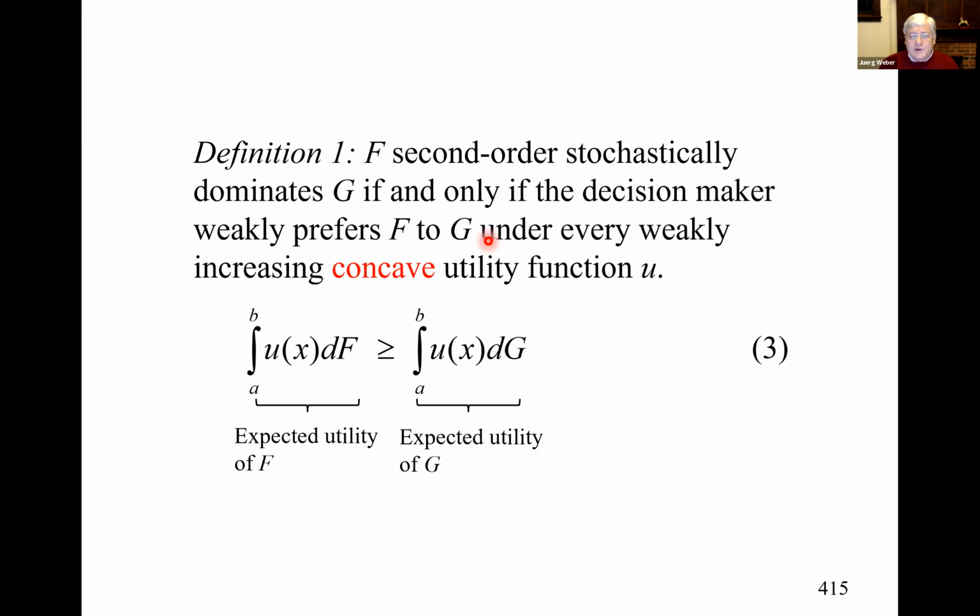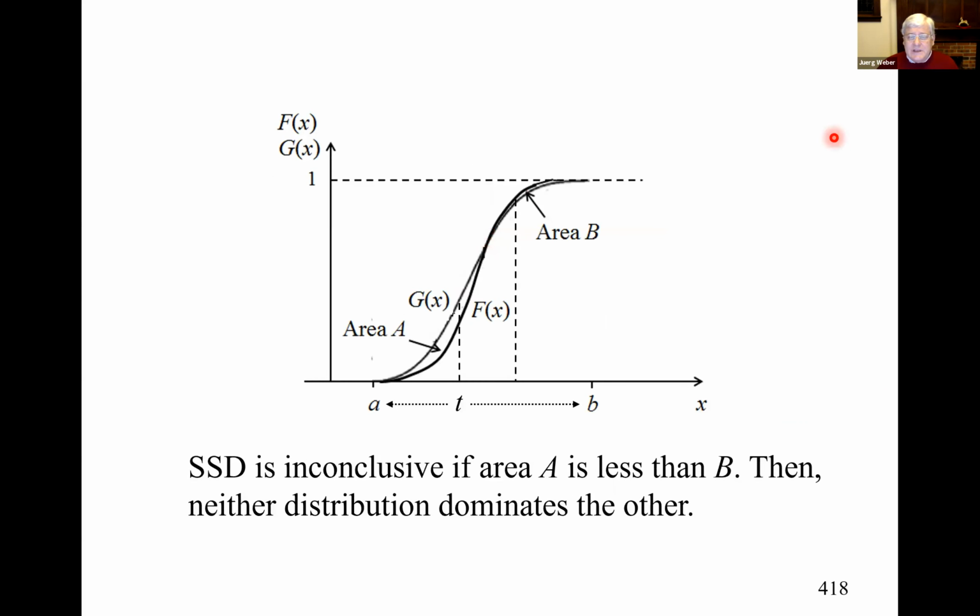Now, if you observe this here, then you have to be a little bit careful. You can say the person will prefer the prospect F to the prospect G if this area here is more than that area, because then the expected wealth from the F prospect will be bigger than the expected wealth from the G prospect.